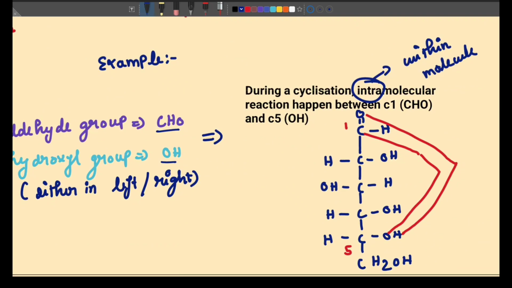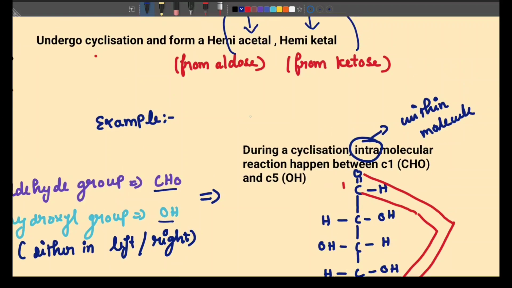See, the cyclization reaction always happens, and this is important, with the functional group plus the fifth carbon group. This cyclization reaction is happening within the compound. For example, this cyclic reaction happens within the glucose.